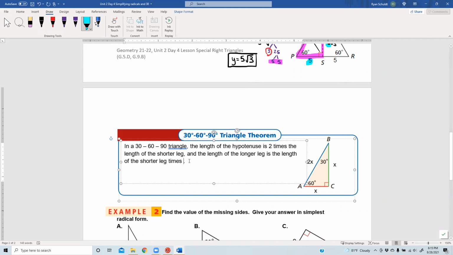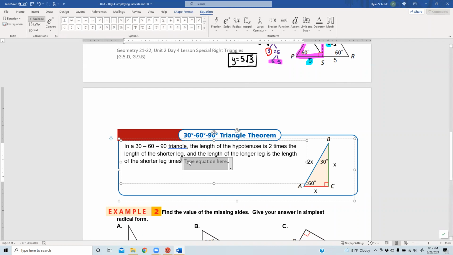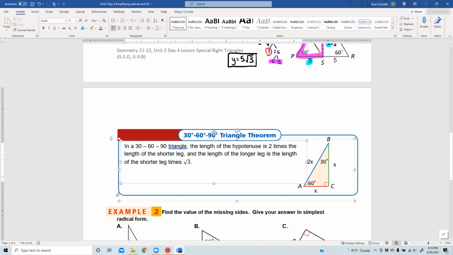Let me fix that. Okay, hang on here. Give me a radical. Now the square root of 3. There we go. It's fixed now. All is right in the world.